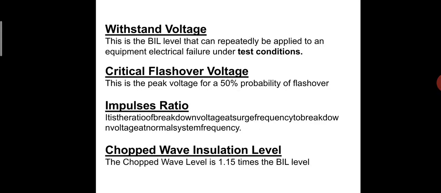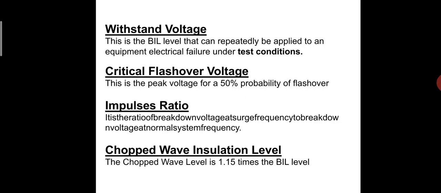And impulse ratio is defined as the ratio of the breakdown impulse voltage of a wave of specified duration to the breakdown voltage of a power frequency wave.